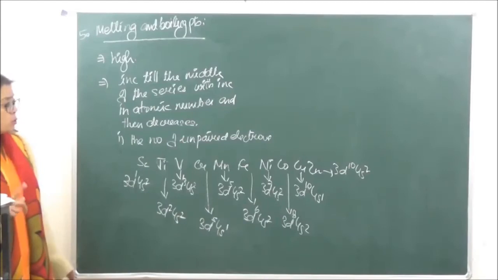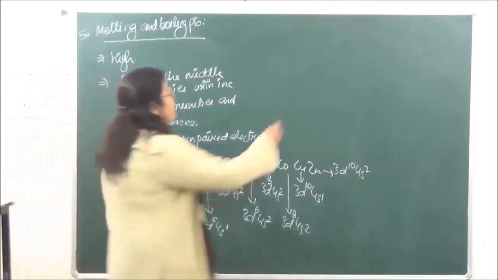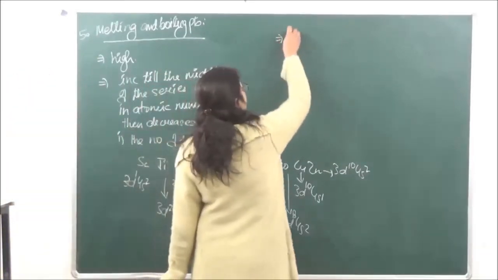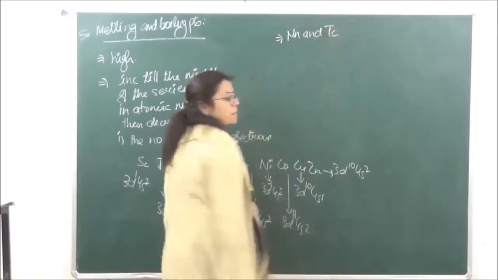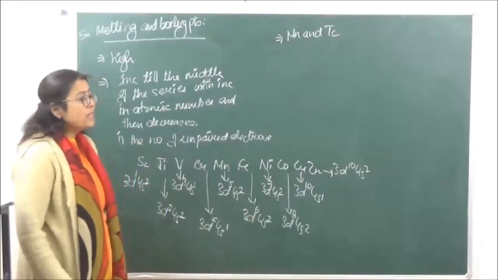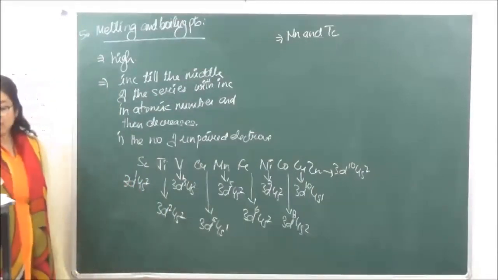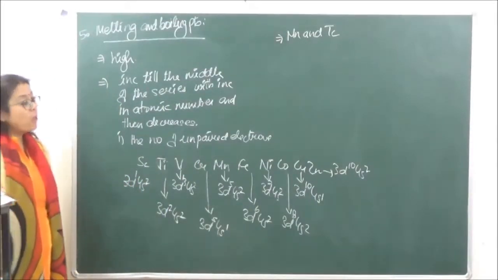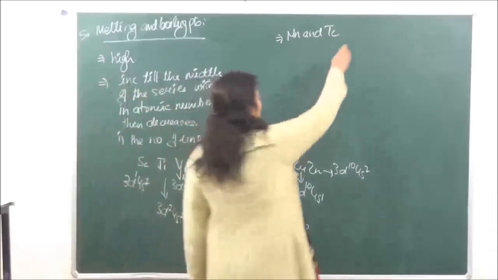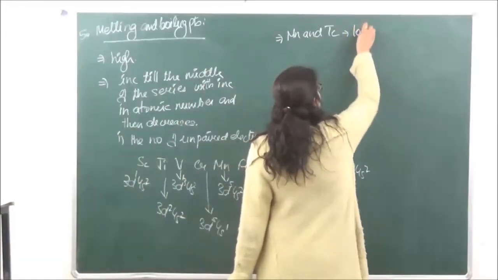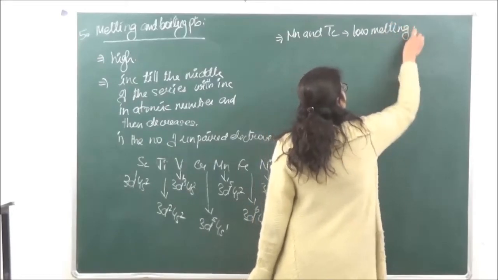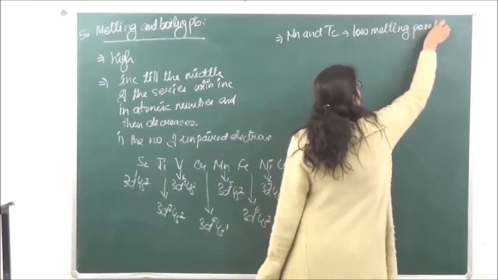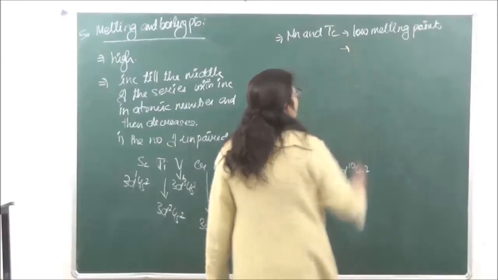So there are two anomalous behaviors over here. One is manganese and the other one is technetium. Both of these have anomalously low melting points. The reason I have just told you: low melting points, which is due to what?